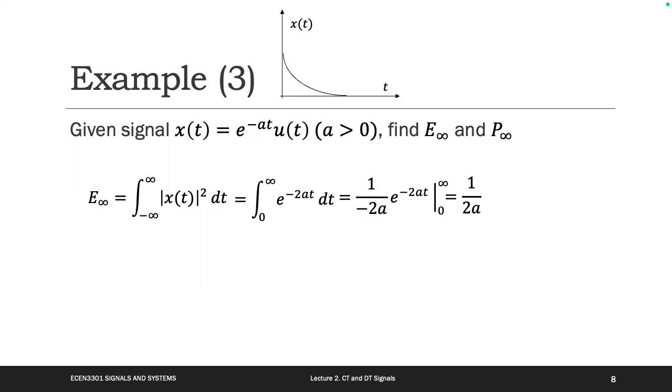Let me write it down. This equation will be 1 over a, e to the negative a t, evaluated from 0 to infinity, like that.